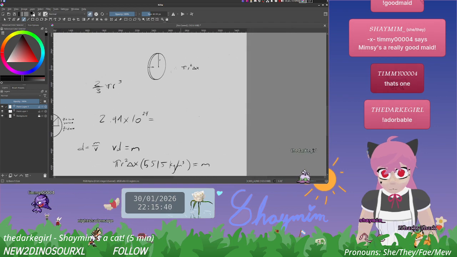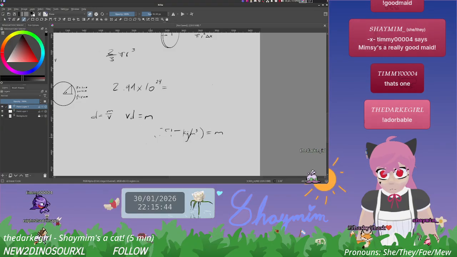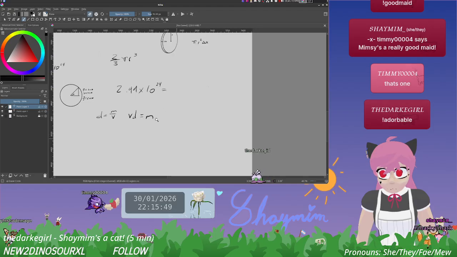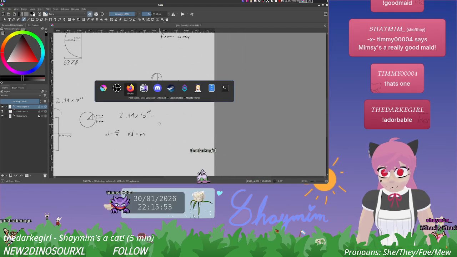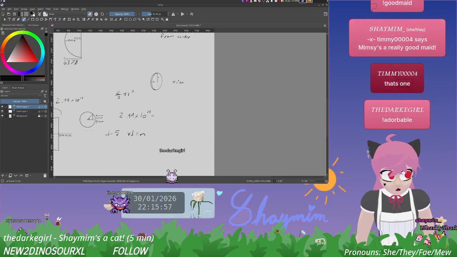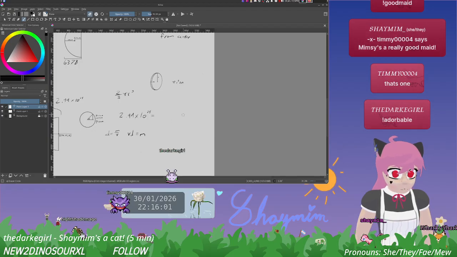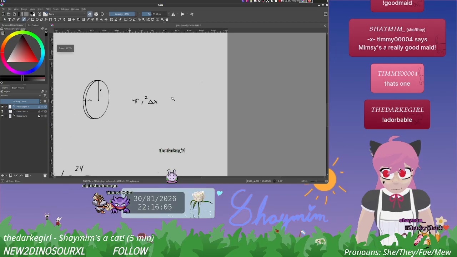Hang on, I don't know how much of this is actually correct. Here, let's see. The volume of a sphere is 4/3 pi r cubed.